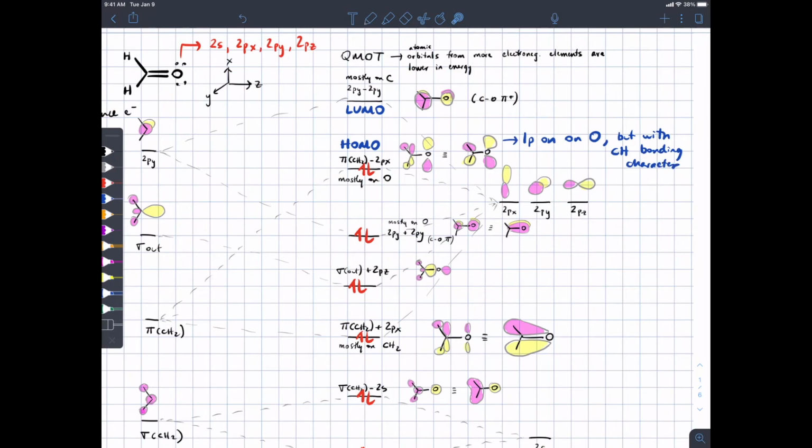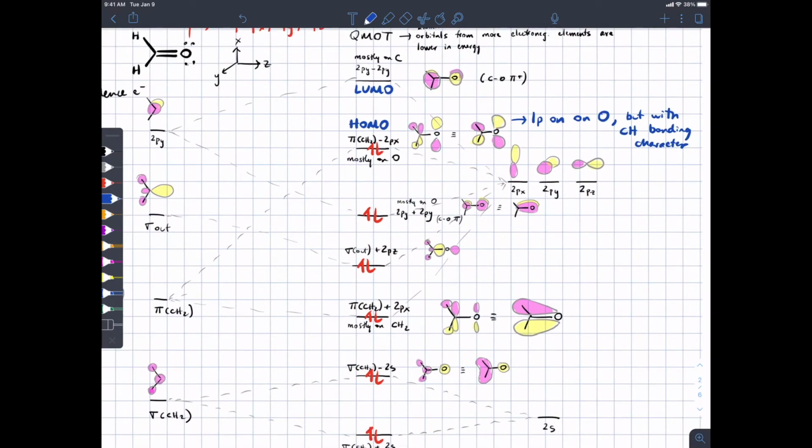The next highest electrons are in the carbon-oxygen pi bond, the 2py plus 2py combination. And then you have another set of electrons that are carbon-oxygen bonding and carbon-hydrogen bonding, but also look like a lone pair on oxygen. So we might call this one also a lone pair on oxygen, but with major CO and CH sigma bonding character.